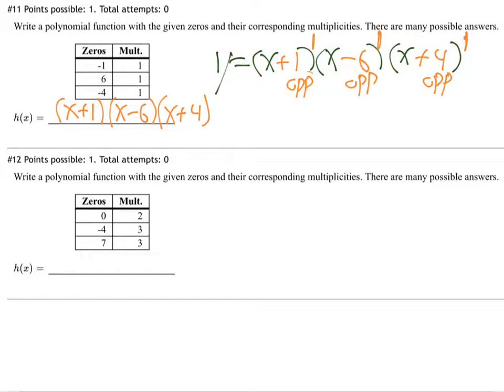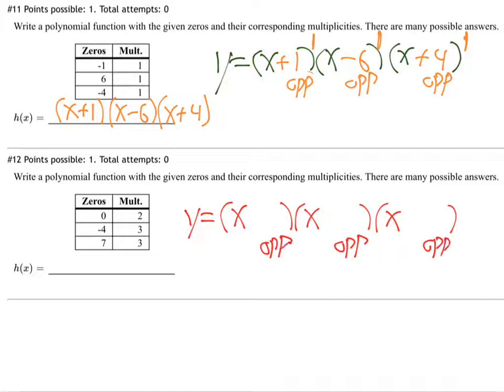How about number 12? Can you do that one? I think that one's easy for you. So that one's going to be x with the opposite every time. The opposite will be 0, so x minus 0 or plus 0, it doesn't matter. Really, this is just going to become x, isn't it?